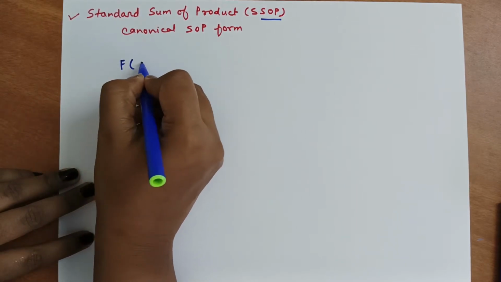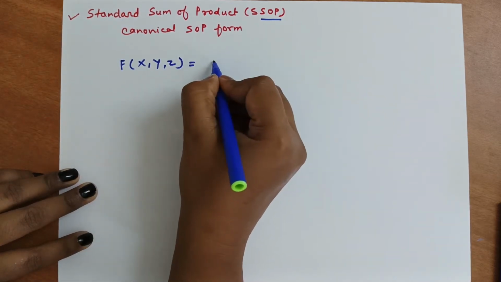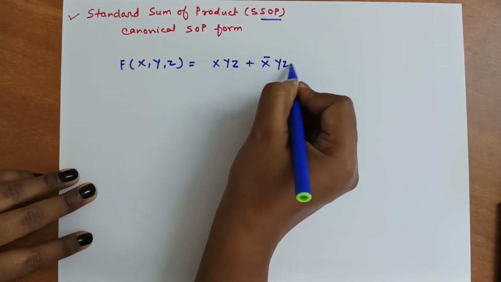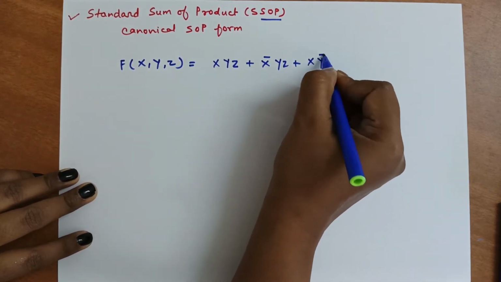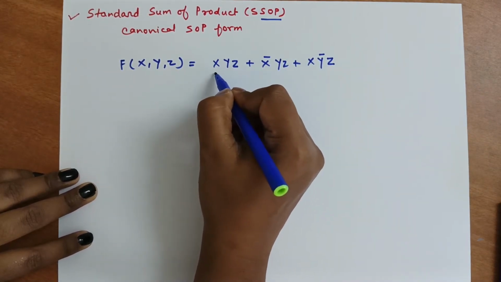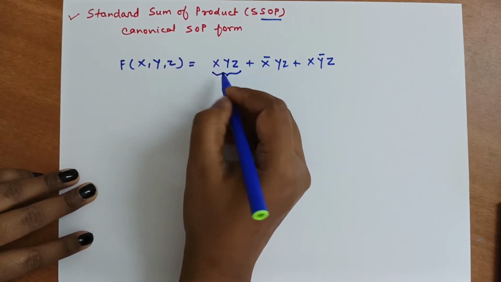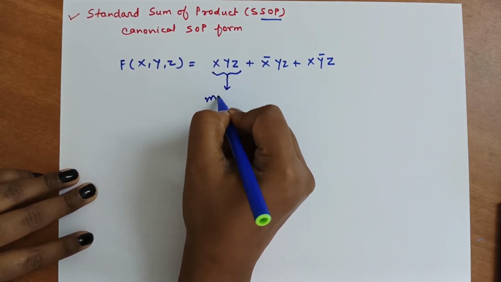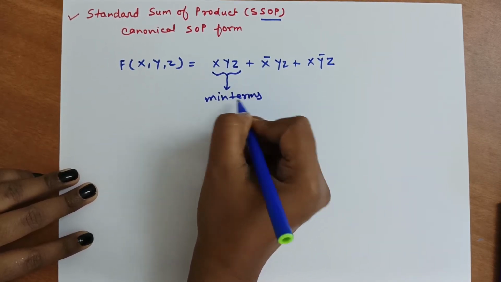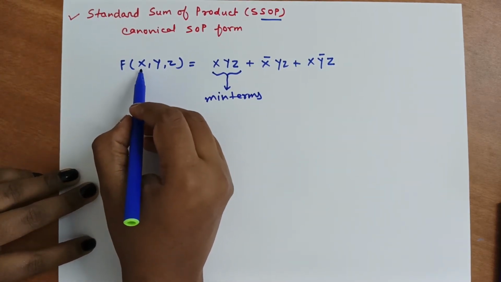Suppose we have a function of xyz given as xyz plus x bar yz plus xy bar z. These product terms are also called minterms for SSOP. And these minterms will contain all the variables. Here variables are x, y, z.